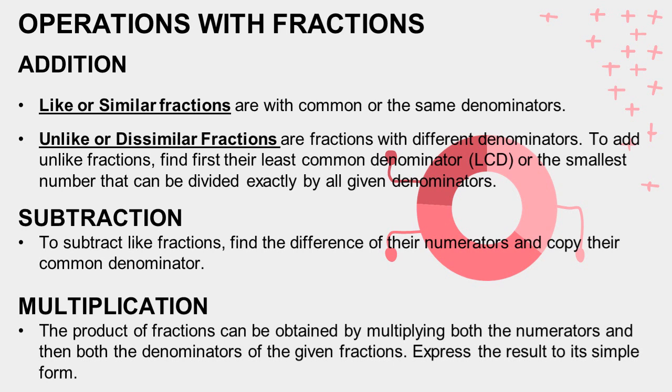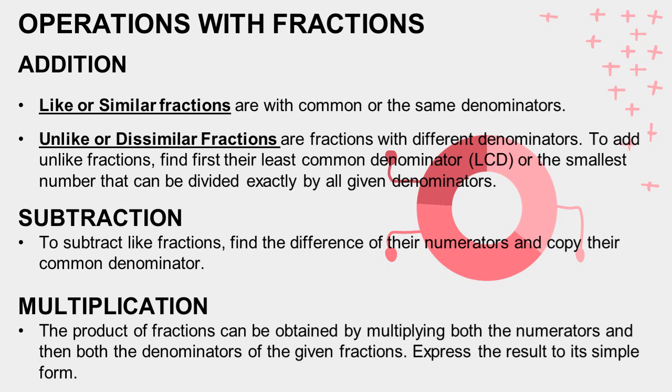Next, unlike or dissimilar fractions are fractions with different denominators. To add unlike fractions, find first their least common denominator or tinatawag nating LCD, or the smallest number that can be divided exactly by all given denominators. Then add as in the case of like fractions. So, ayan po yung ating dissimilar and similar fraction in addition.